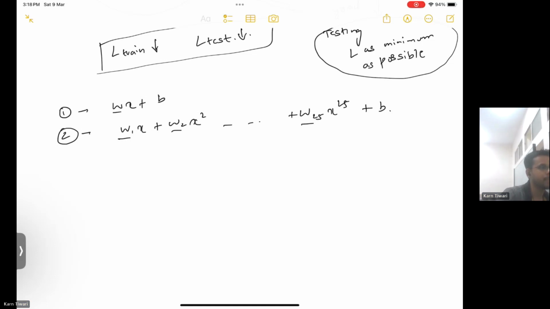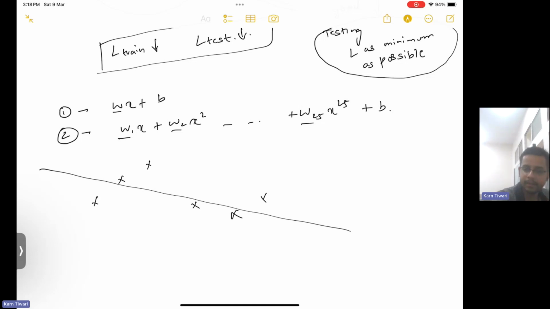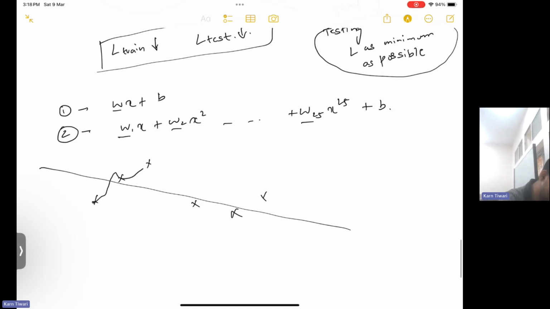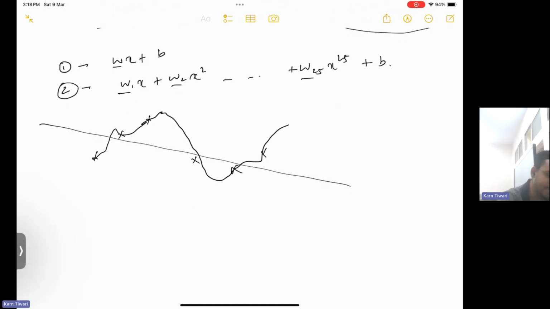If you see both of these models on this data set, this is what the simple model learned. And the order 25 model is the complex one. The simple model is underfitting.